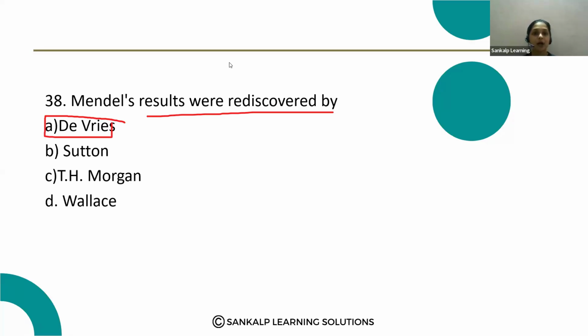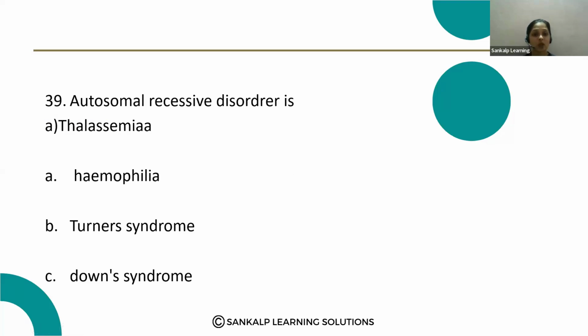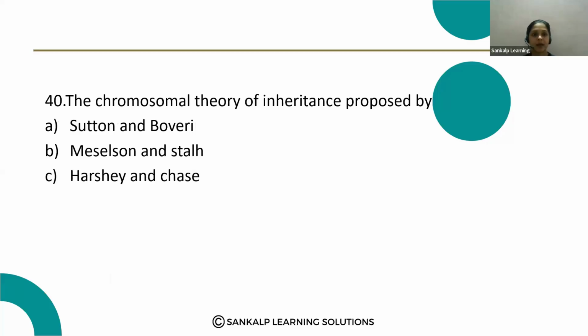Next question. Autosomal recessive disorder is, so that is also the same question. Autosomal recessive: thalassemia, hemophilia, Turner syndrome, Down syndrome. The correct answer is thalassemia. Next question. The chromosomal theory of inheritance was proposed by Sutton and Boveri, Meselson and Stahl, Hershey and Chase.